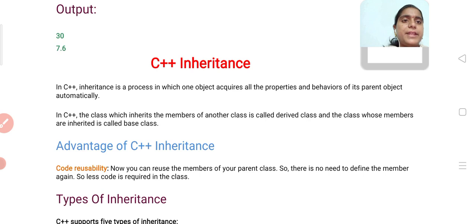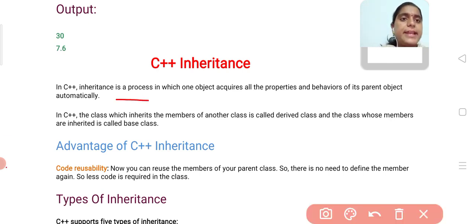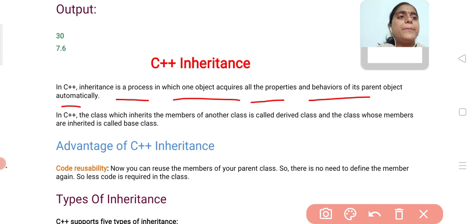And the next concept is inheritance. This is a main feature of object oriented programming. What is inheritance? Inheritance is a process in which one object acquires all the properties and behavior of its parent object. Inheritance is the concept where one class can acquire all the properties and behaviors of another class.